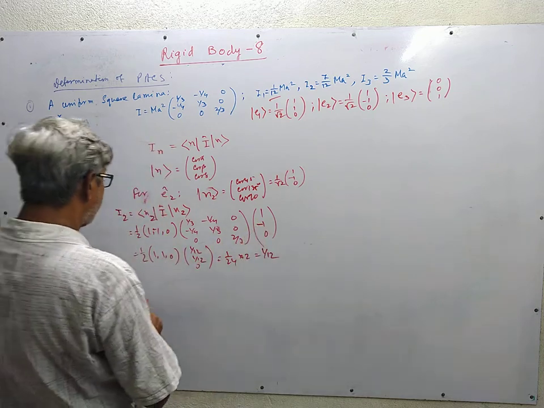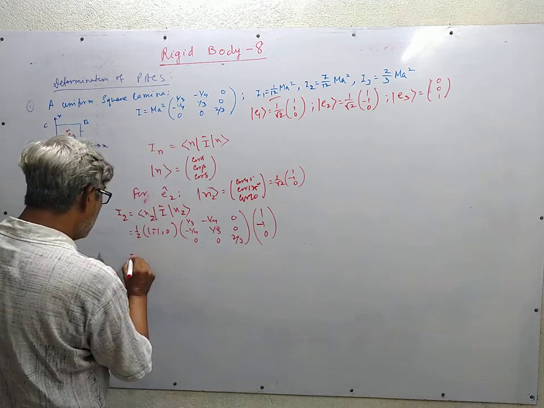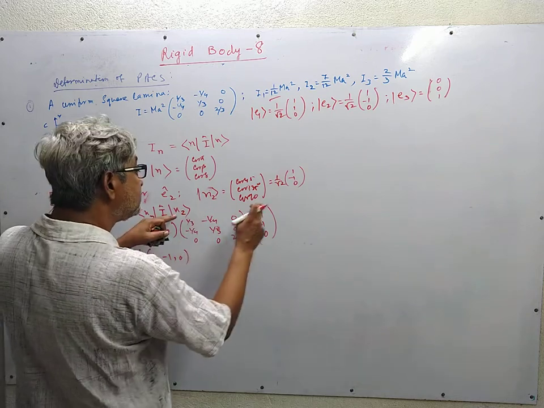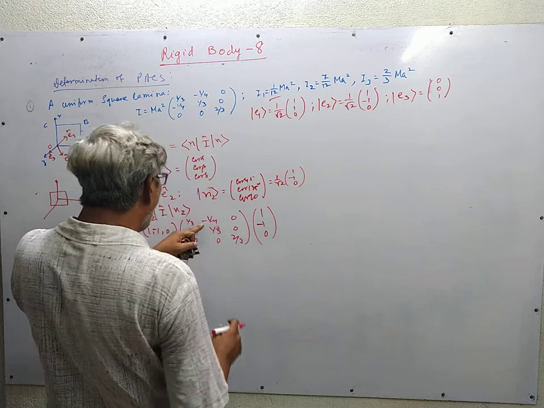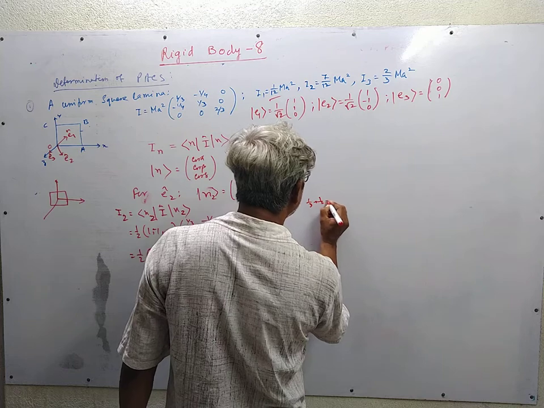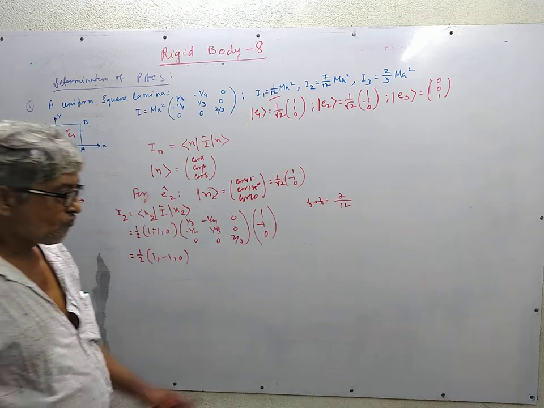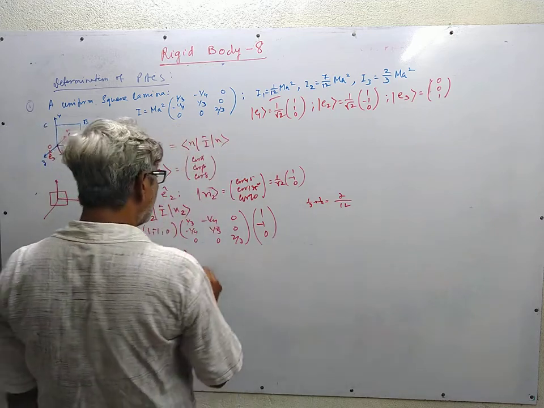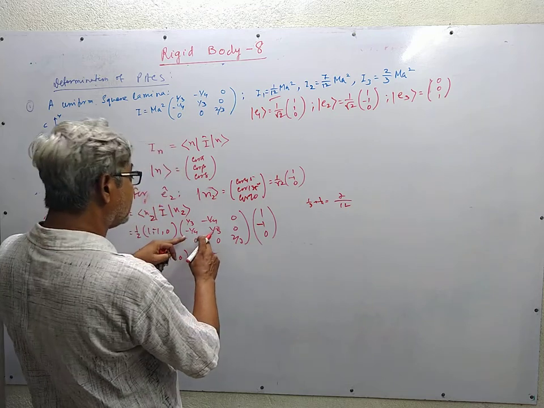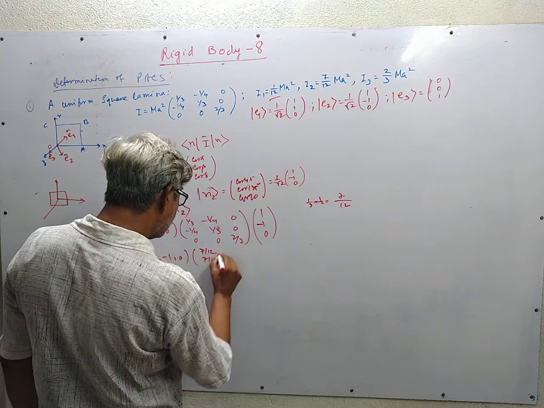The first matrix product gives us half, 1, minus 1, 0, multiplied by 1/3 and 1/3 plus 1/4, so this is 7/12, this part is plus and this is plus, again 7/12, 0.